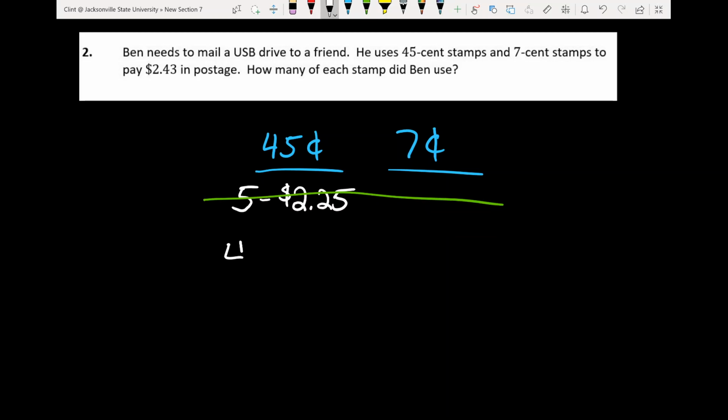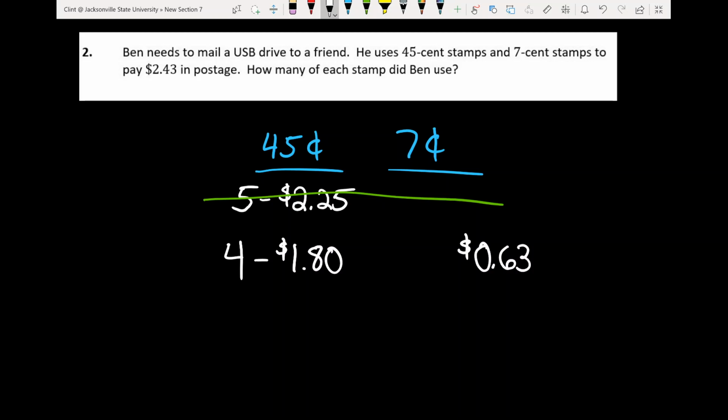So I try using 4 45-cent stamps. 4 times 0.45 gives us $1.80. And then 243 minus $1.80 gives us 63 cents left over. So is there any way we can get 63 cents out of 7-cent stamps?